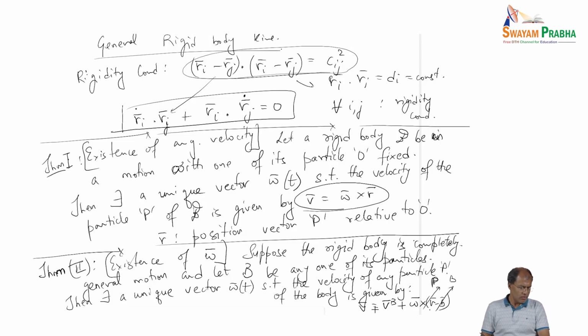Essentially this statement says that the net motion constitutes the translational motion of a fixed point, typically the center of mass, and the rotational motion of the body around that fixed point or the axis passing through that fixed point. So then let us look at one example utilizing these results.